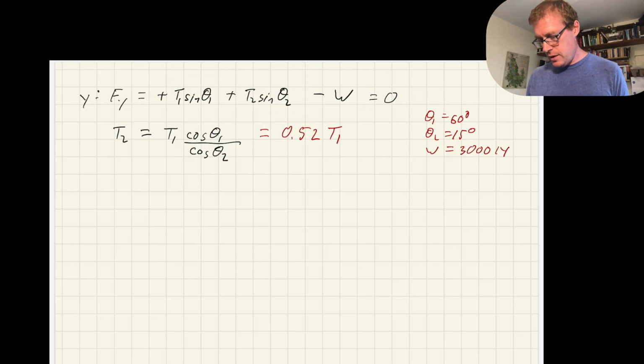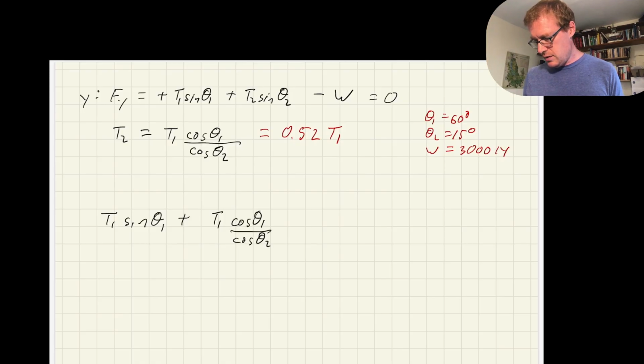And so I end up with T1 sine theta 1 plus, okay, so now I need T2. So T2 is this expression. So it's T1 cos theta 1 over cos theta 2 sine theta 2 minus W equals 0.